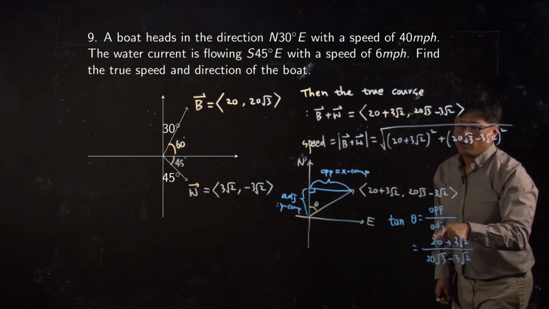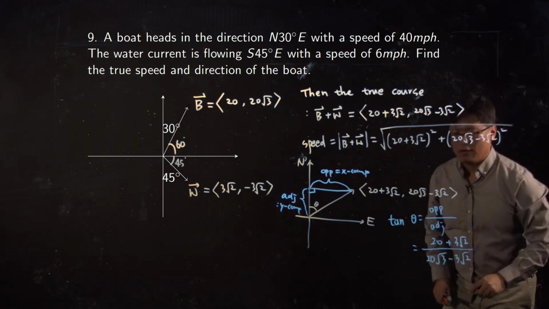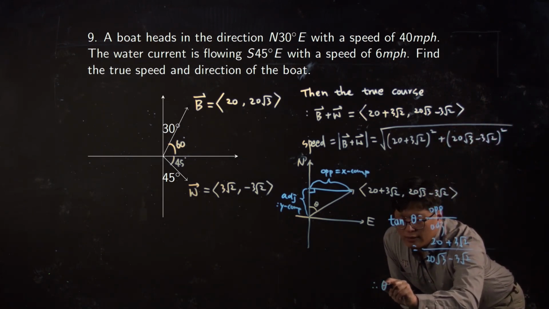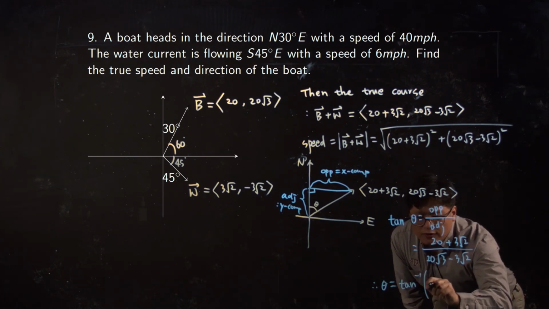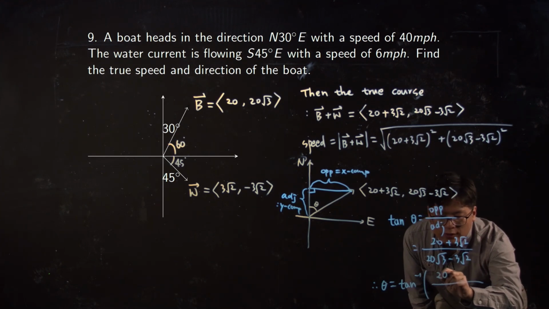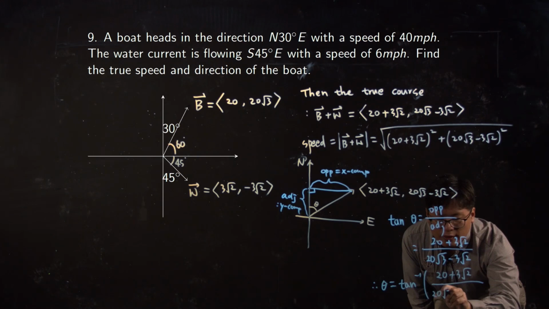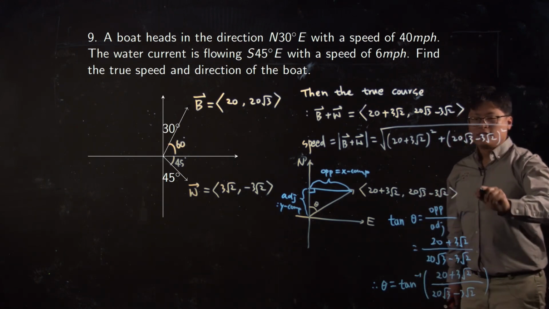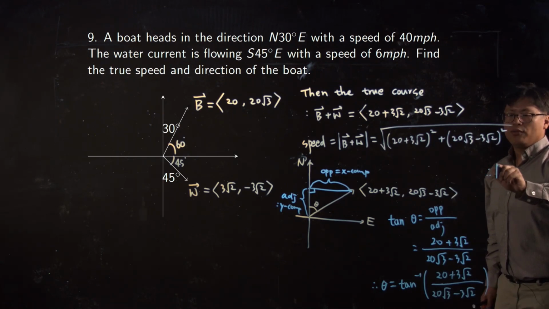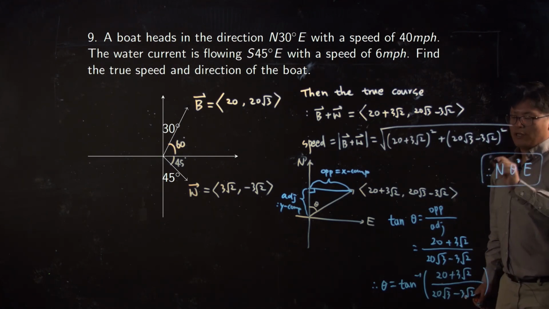As we did before, this is tangent theta, so your answer is the tangent inverse of this value. Your angle theta is equal to arctangent of 20 plus 3 square root 2 over 20 square root 3 minus 3 square root 2. As I told you, your answer must be given as north, the angle theta, which is found from here, and east. This is the notation for this problem, okay?